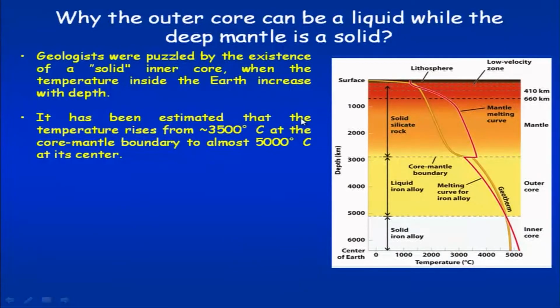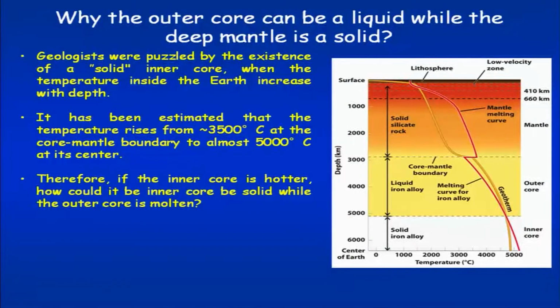It has been estimated that the temperature rises from 3500 degrees centigrade at the core mantle boundary to almost 5000 degrees centigrade in the center and more. Therefore, if the inner core is hotter, how could the inner core be solid while the outer core is molten? This is a question.